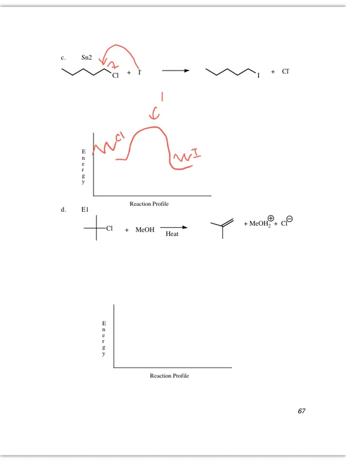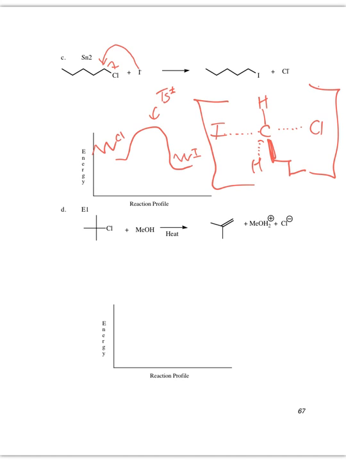And our transition state is just where we have the iodide coming in, forming a bond to the carbon with the chlorine leaving. The iodide has a partial negative, the chlorine has a partial negative, and that's what our transition state for that one will look like.